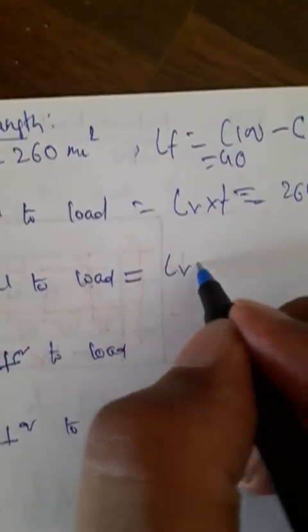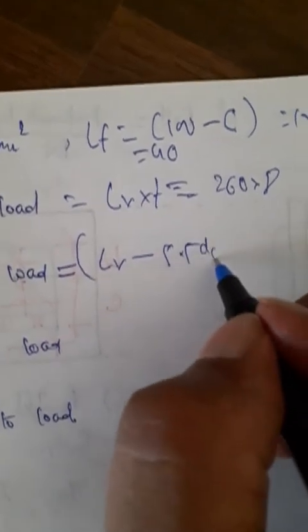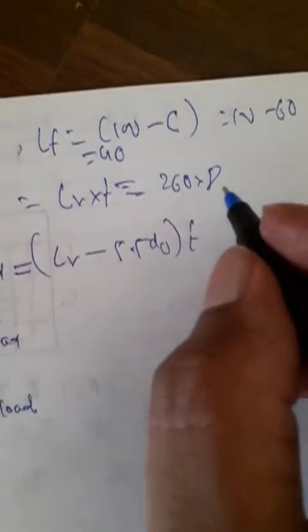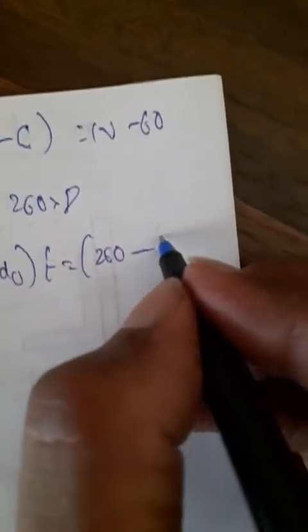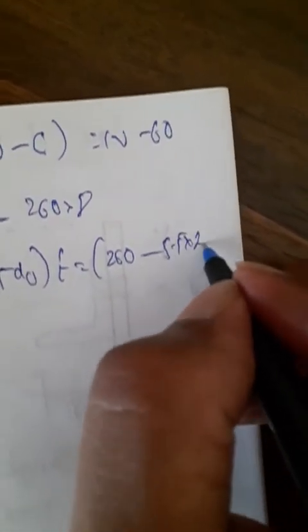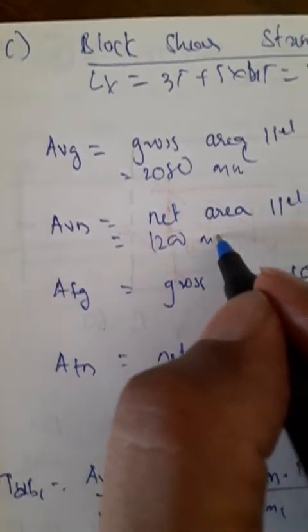So net area parallel to load is equal to LV minus 5.5 into D naught into T. So 260 minus 5.5 into 20 into 8. So you have the answer 1200 mm square.